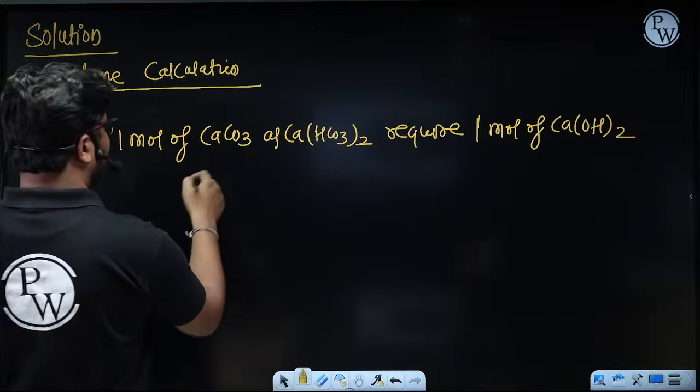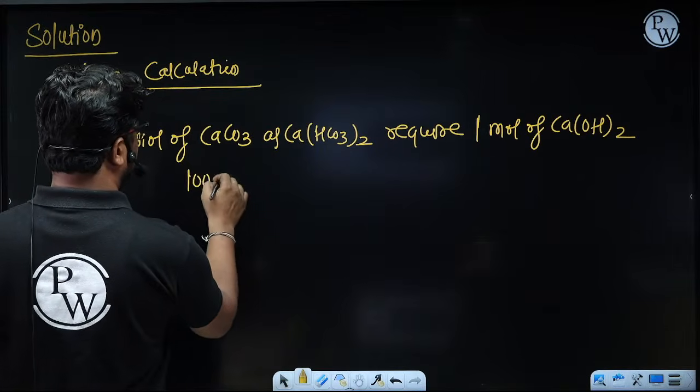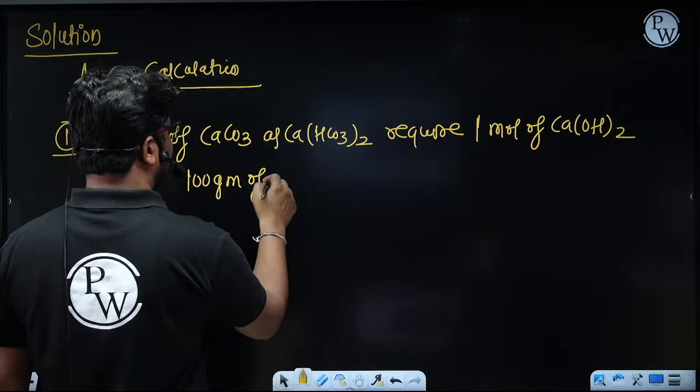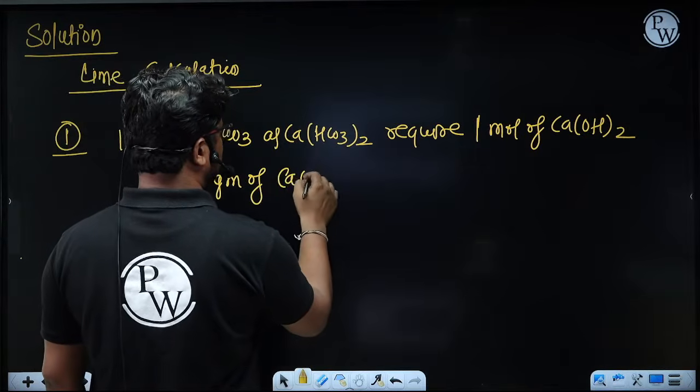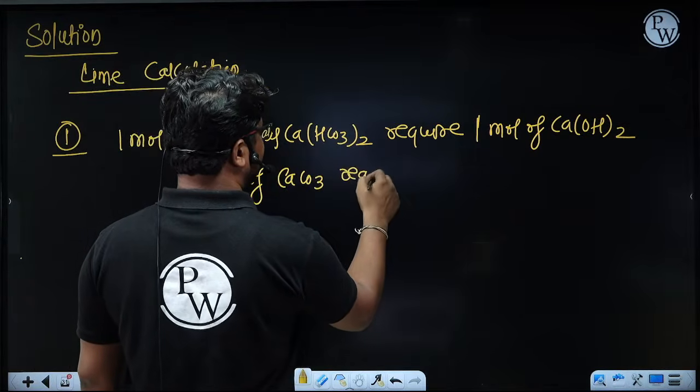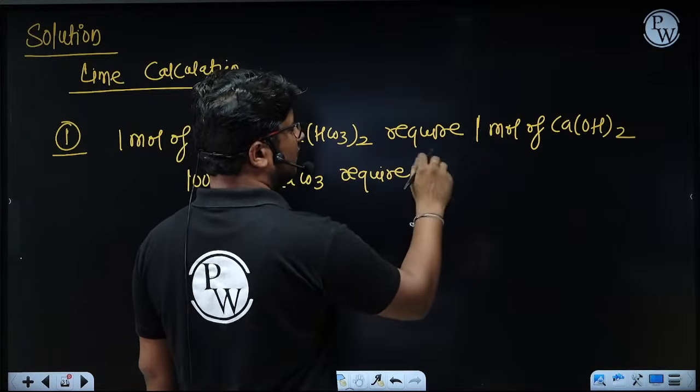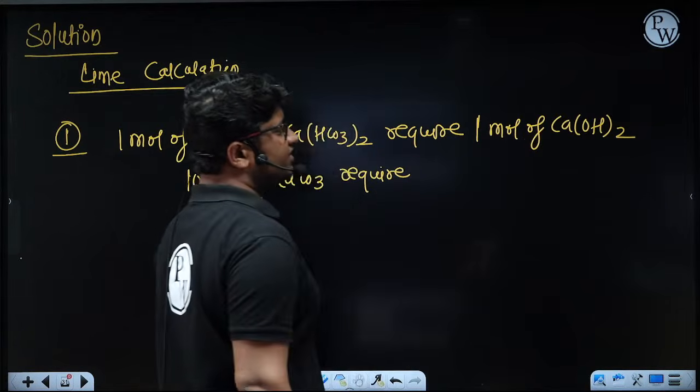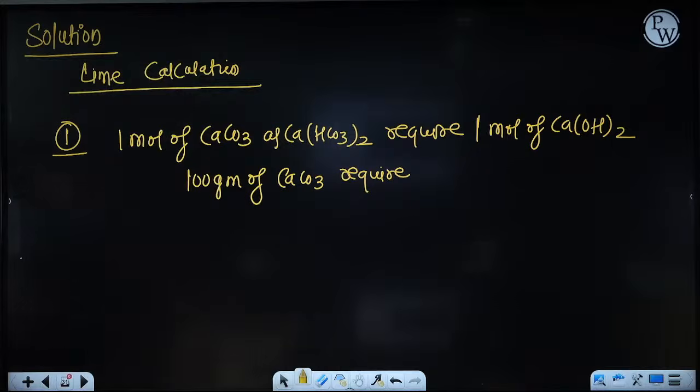So 1 mole of calcium carbonate is 100 gram. So 100 gram of CaCO3 requires, can you calculate this for me, how much Ca(OH)2 you are getting? Around 74 gram.